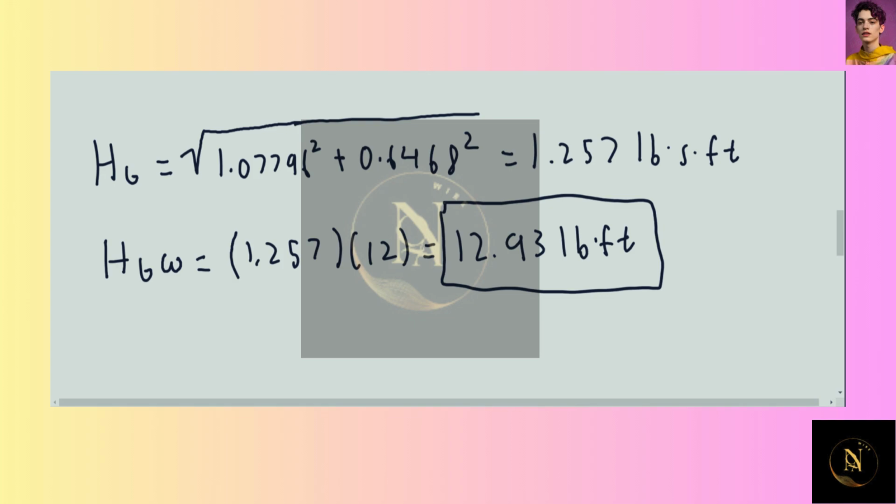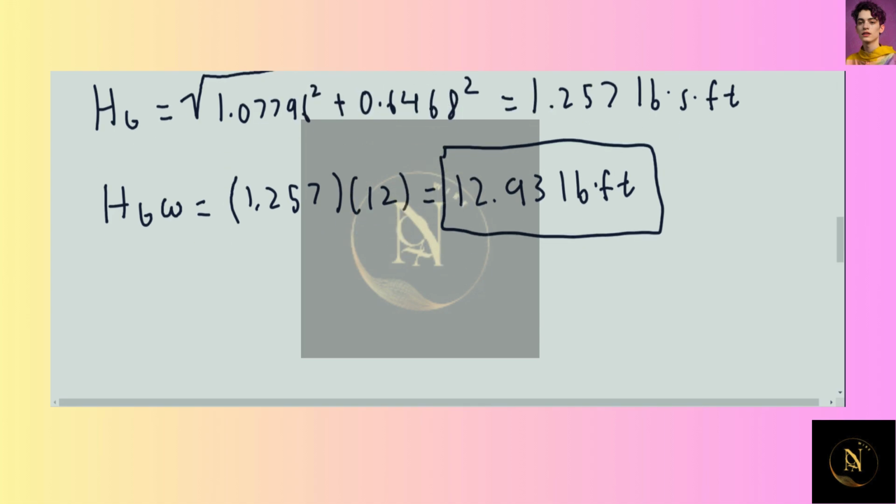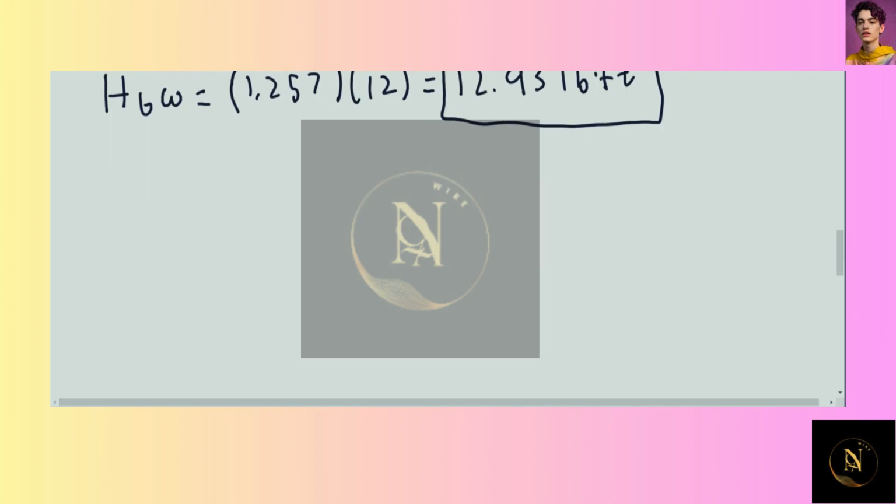And now for the angle between h of g and the axis AB, we can say that the cosine of theta is equal to h of g dot the angular velocity divided by those magnitudes multiplied by each other.